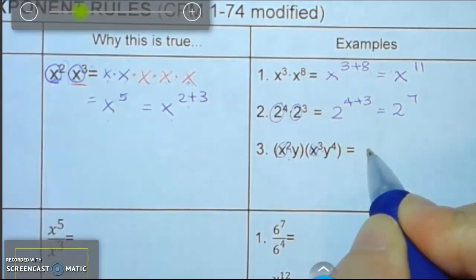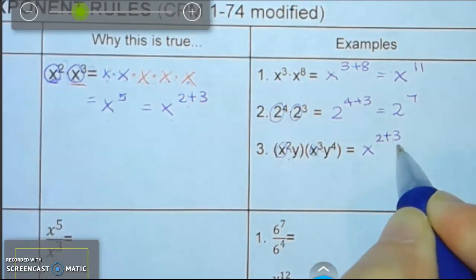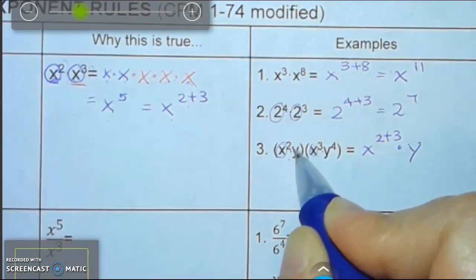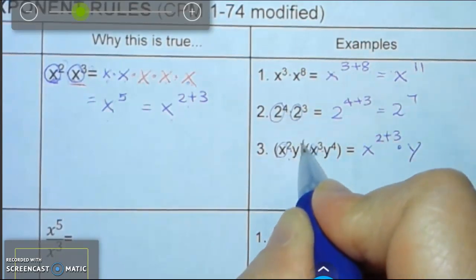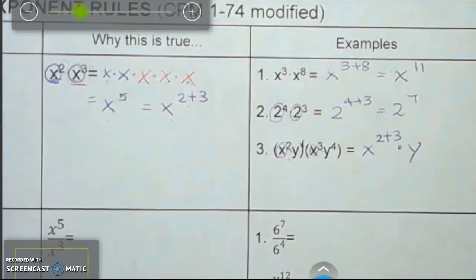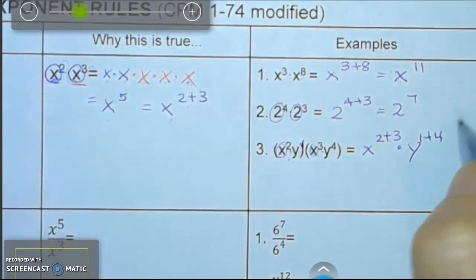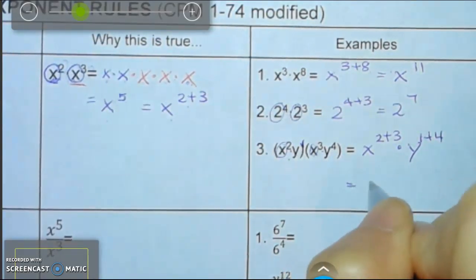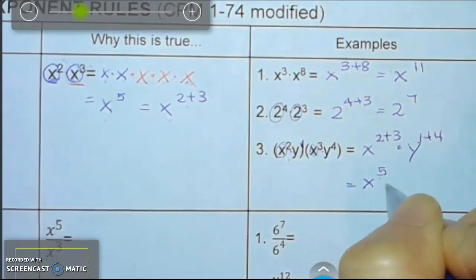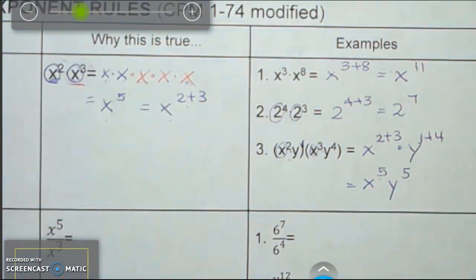We can multiply those, and that becomes x to the power of 2 plus 3. And then to that, we can deal with the y. y is just really the same as y to the power of 1. So y to the power of 1 times y to the power of 4 is really the same as 1 plus 4. So that becomes x to the power of 5, 2 plus 3 is 5, multiplied by y to the power of 5 also. And that's the final answer.